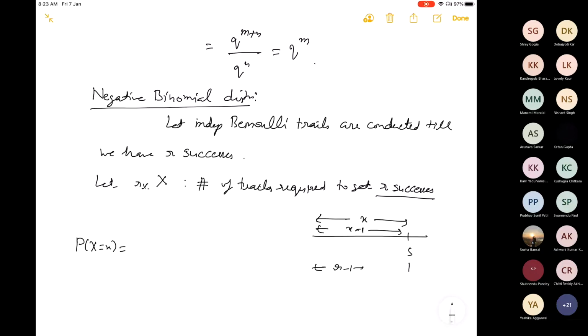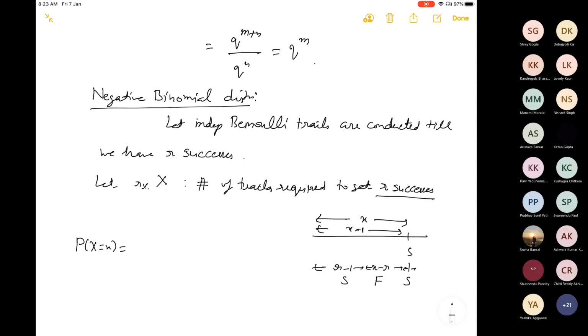So x minus r failures, and the last one is 1 success. So that means total will remain x. So r minus 1 successes are here, and x minus r failures, and the last one is a success. So this much we require here.